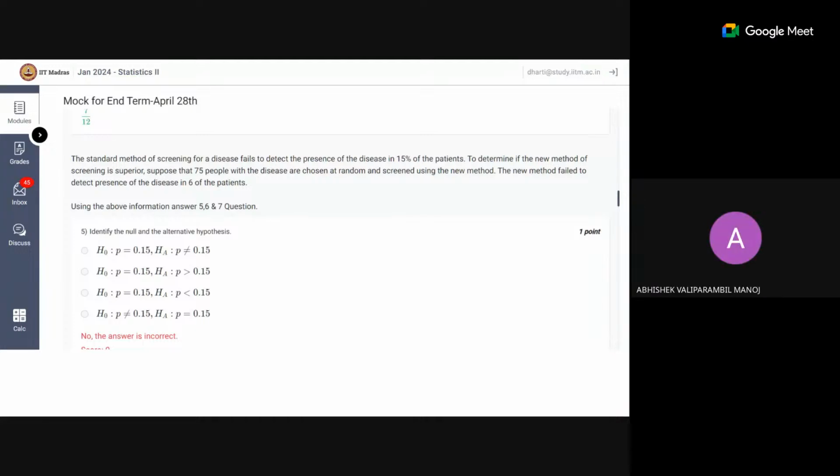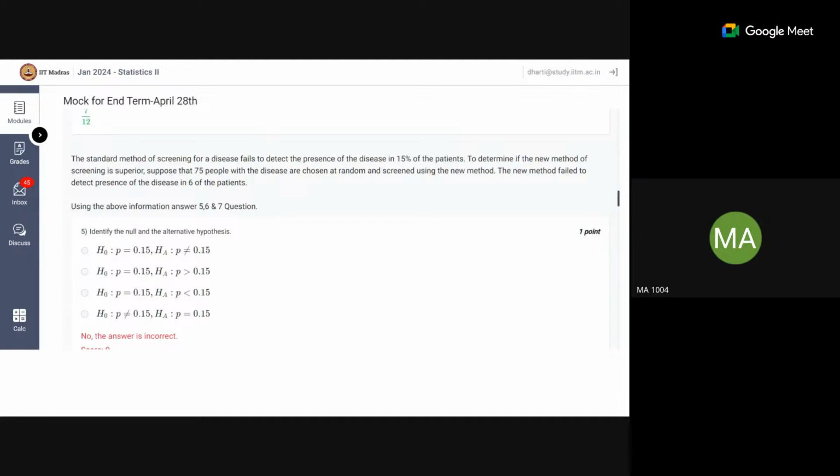Okay. So we want to improve the test. It means the new machine should give more precise results, that is less than 15%. Okay. So you are saying take less than 0.15. Yes.